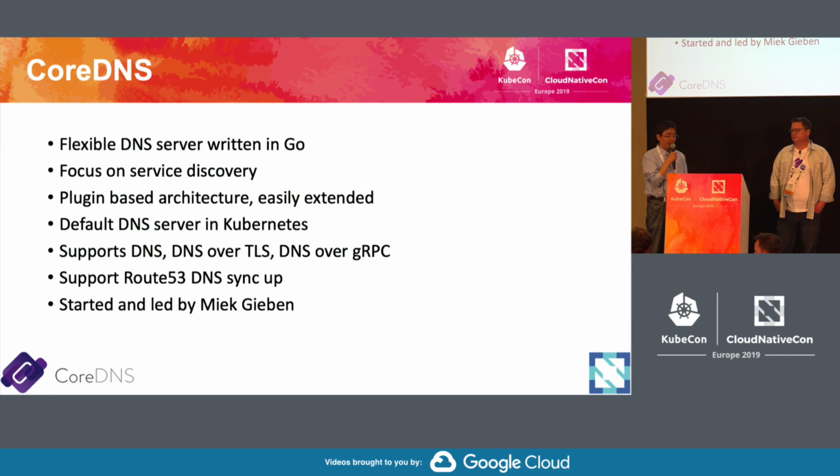CoreDNS also has Route 53 DNS sync, which allows you to sync your Kubernetes cluster with the AWS Route 53 service. And finally, CoreDNS was started and is led by Miek Gieben. He is very energetic, and he spends most of his time on GitHub. So I'm sure everyone can see him, if you want to find him.